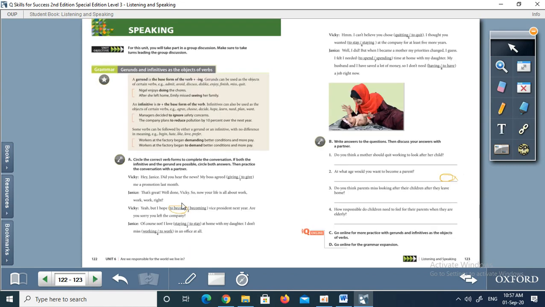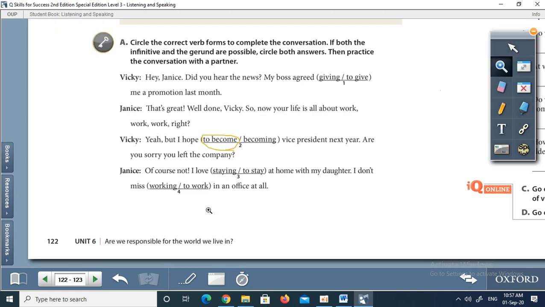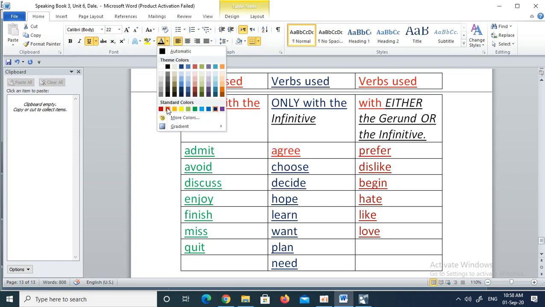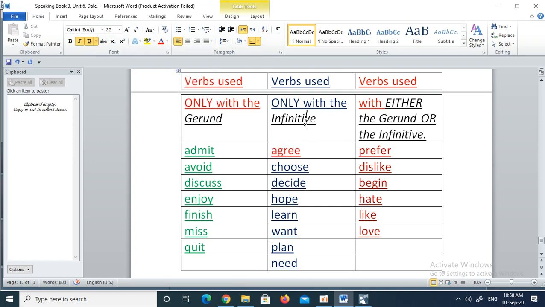So if we look at the exercise, hey Janice, did you hear the news? My boss agreed. And here we have a gerund giving and an infinitive to give. What we need to do, have a look, and we see that word agree can only go with the infinitive.